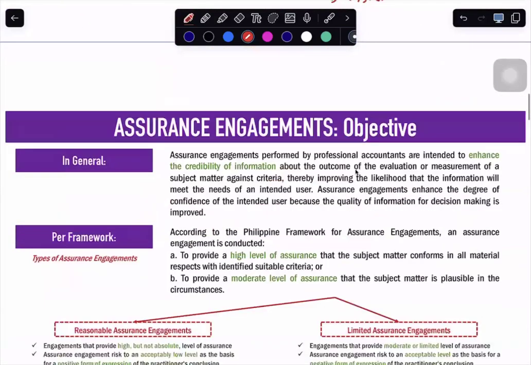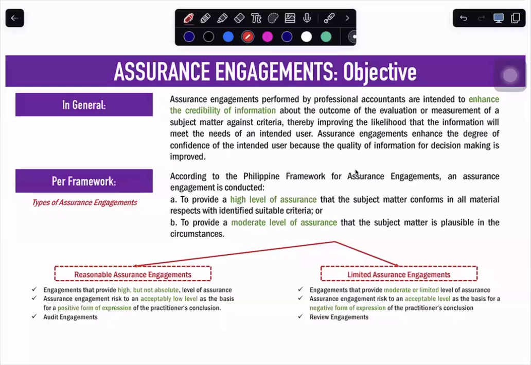Now, let's provide the objective of your assurance engagement. So, in general, assurance engagements performed by professional accountants are intended to enhance the credibility of information. And we already said that earlier. It enhances the credibility, it enhances the reliability of the information. It provides extra confidence over that information.